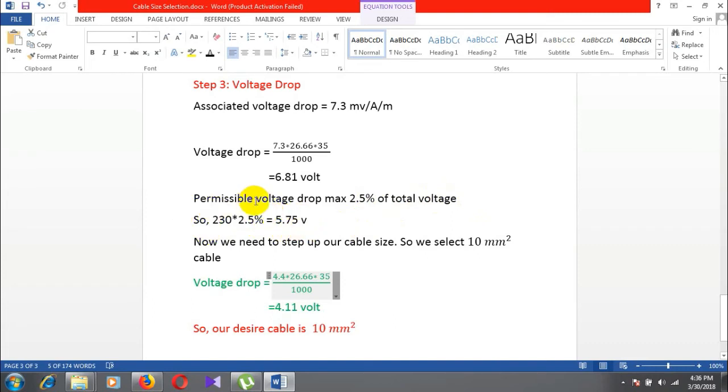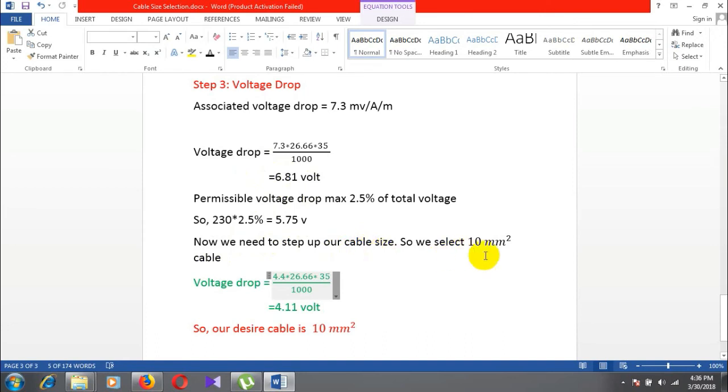But we see that our selected cable voltage drop is much higher than the permissible voltage drop. It must be below 5.75 volt, but in our case it is higher, 6.81 volt. For this reason we need to step up our cable size again.